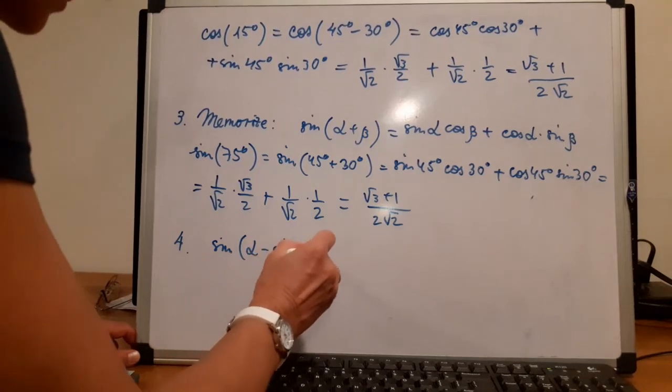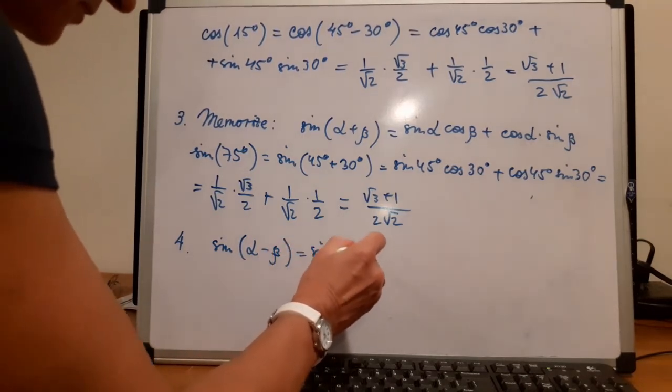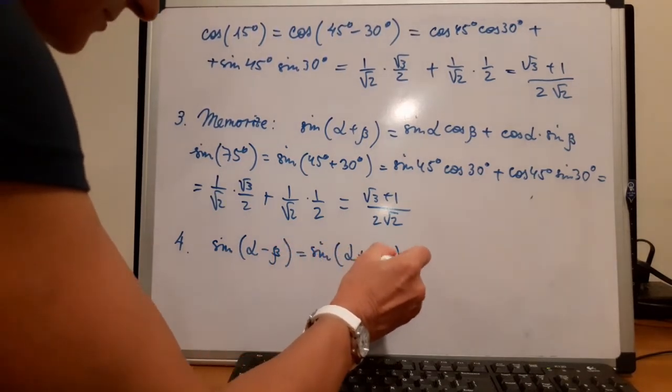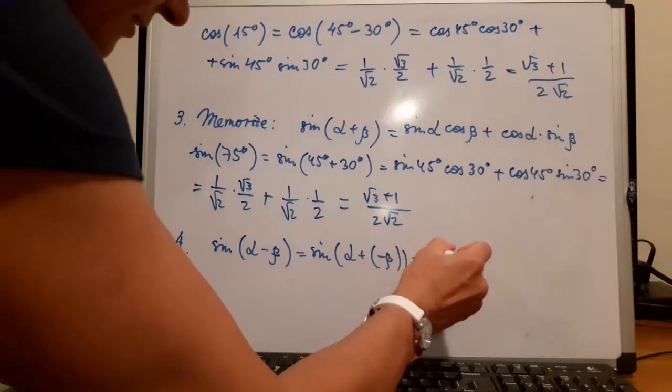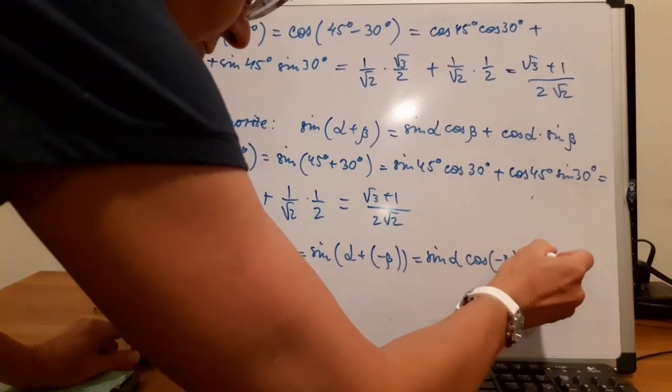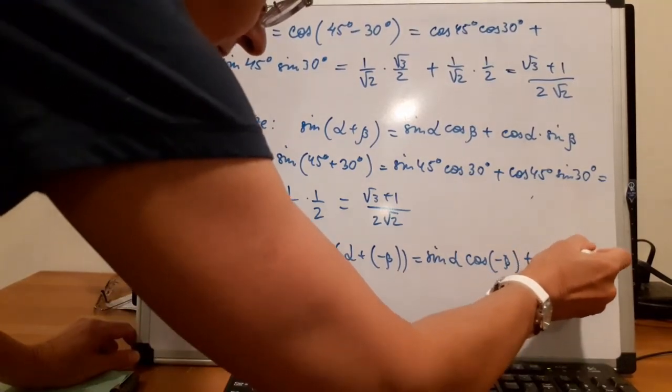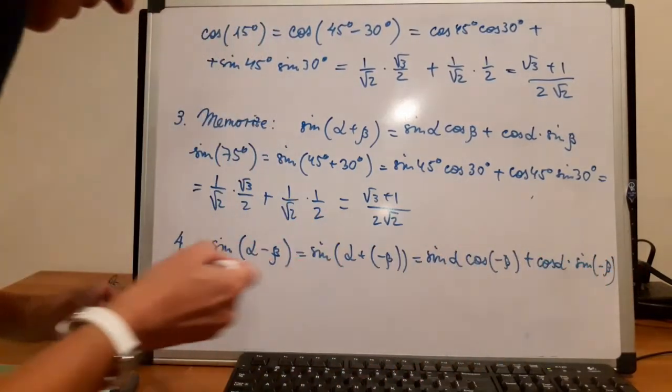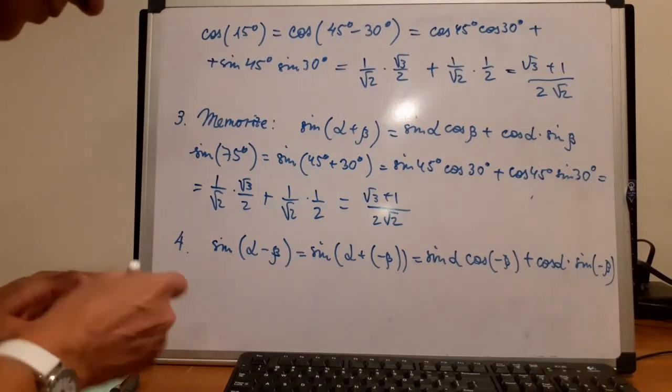So I'm going to represent the sine of alpha plus minus beta, and then have sine of alpha cosine of minus beta plus cosine of alpha sine of minus beta. Again, I'm going to use the properties of even and odd functions.